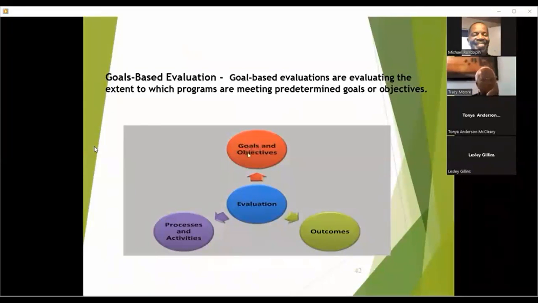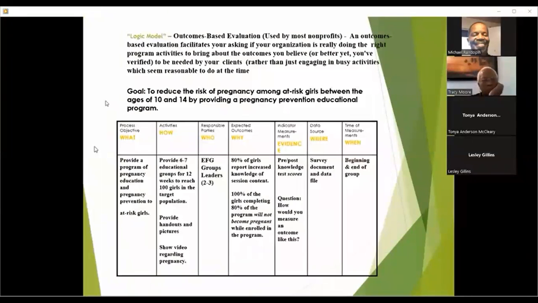Your goals and objectives might be for senior citizens, but when you look at your activities, they're focused on youth. In other words, make sure your goals and objectives are consistent with your activities and your outcome. Groups that have been around forever run into this problem when they look at what they originally set out to do and what they're actually doing now, because they've been around 10, 15 years. So you always have to reevaluate: are we doing what we say we want to do?